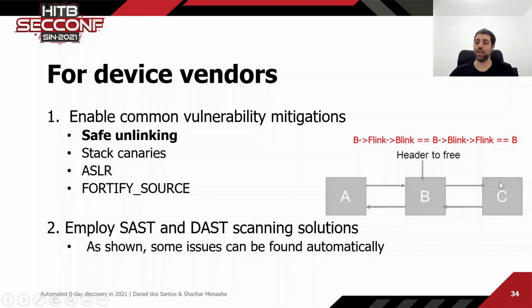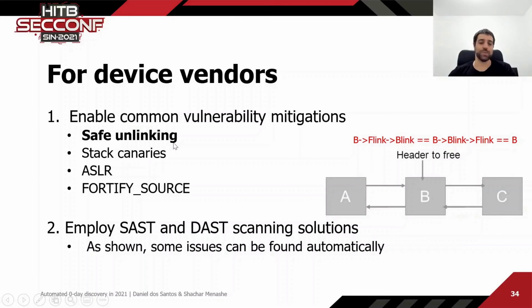So safe unlinking, stack canaries if there were stack overflows, ASLR, which the devices that we saw did not take advantage of, and fortify source, which is even stronger than canaries and safe unlinking because it can halt right at the memcpy operation, for example. So we highly recommend these.